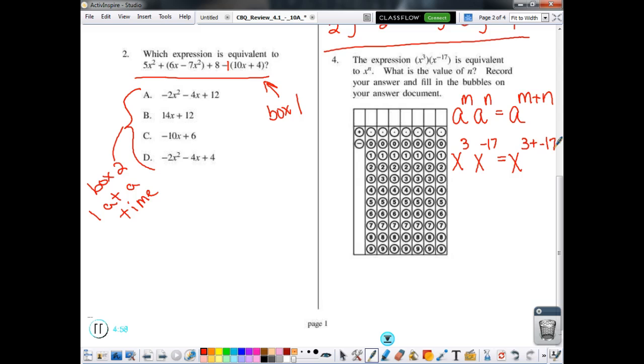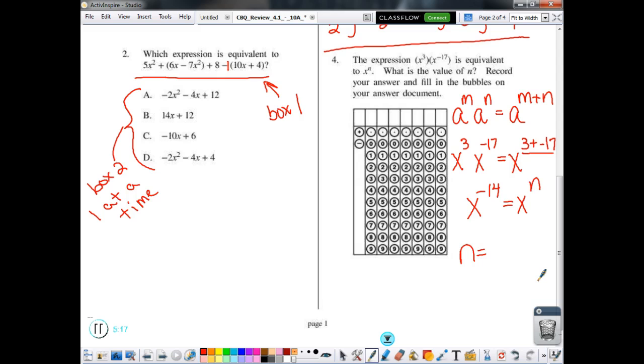Right? So you have to do 3 plus negative 17. Negative 14. Okay, thanks for the answer. X to the n. So then what does n equal? Negative 14. Good. Make sense?